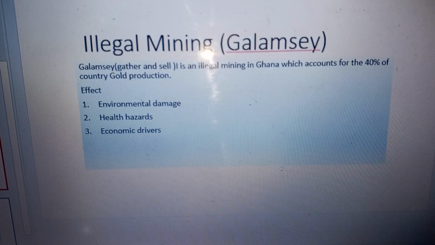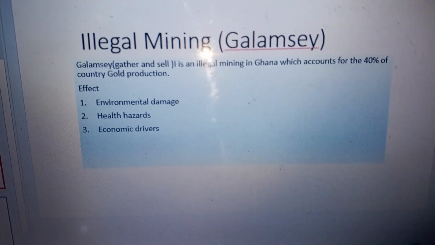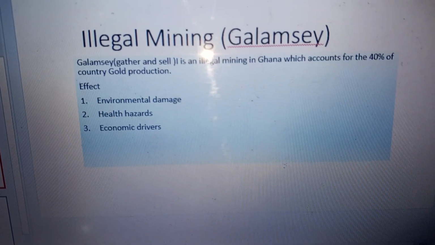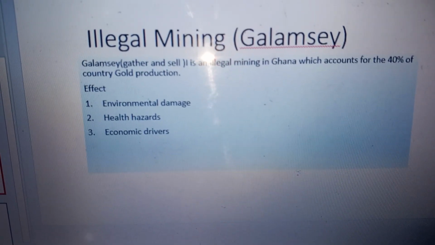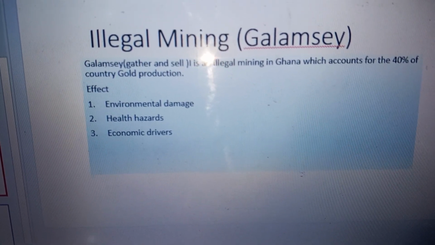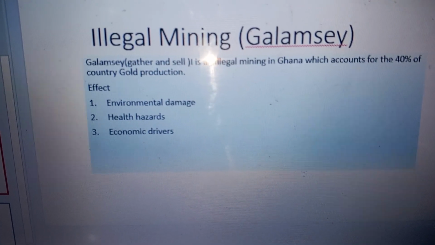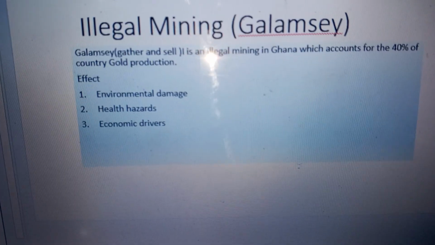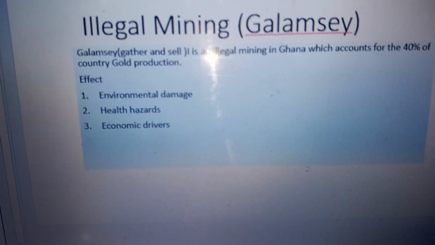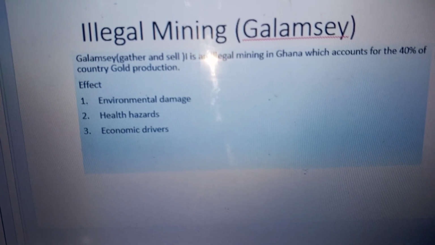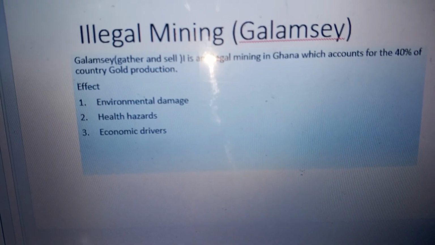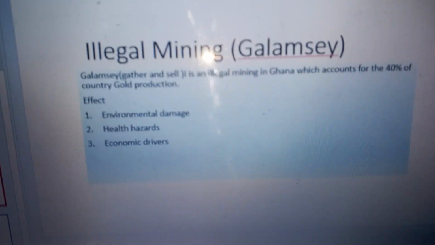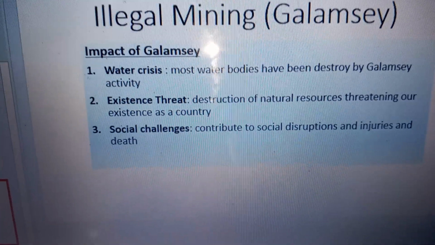It has affected the country very much in the environmental sector, and it has also posed a health hazard, but it has an economic benefit. In the environmental aspect, most of the farmlands are damaged by illegal mining. Most of the water bodies in Ghana are damaged by illegal mining.